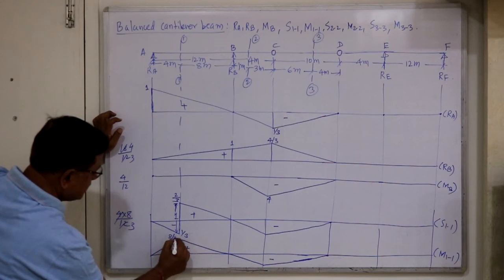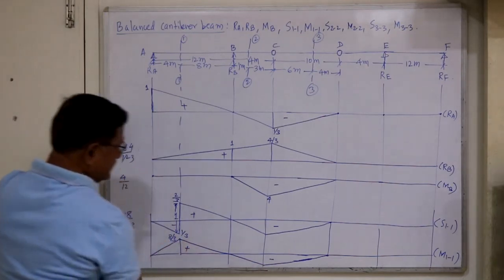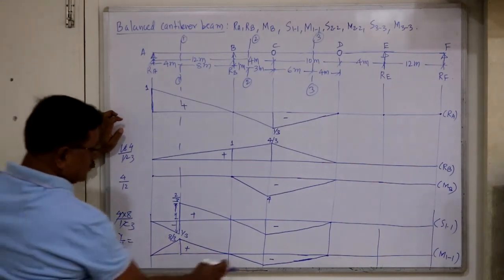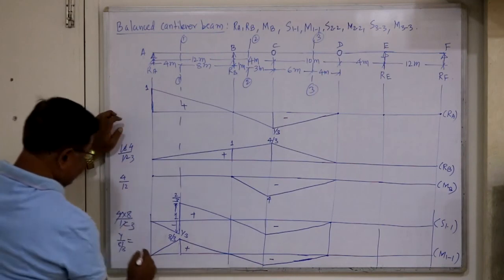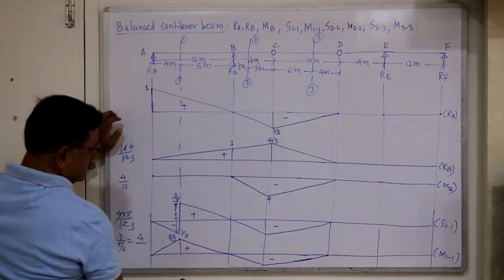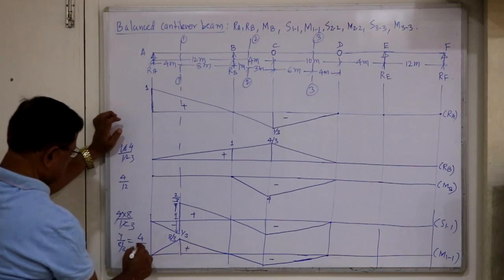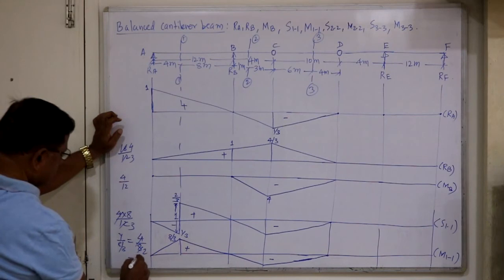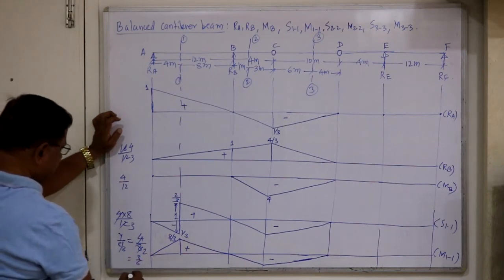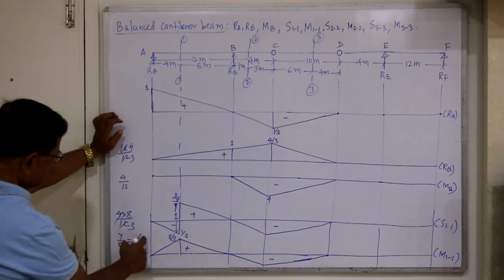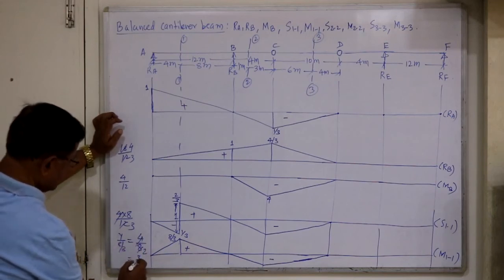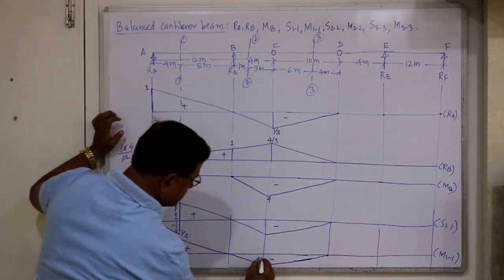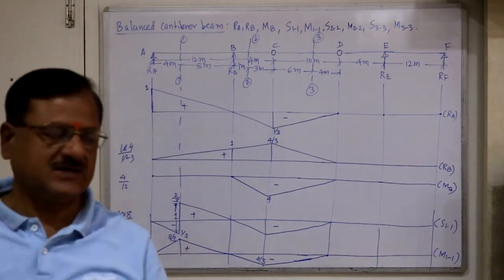This ordinate is 8 by 3. And you find by similar triangle y divided by 8 by 3 equals this height divided by that height. Now this base is 4 divided by, now this base is 8. So y is 8 divided by 6, that means 4 by 3. This ordinate is 4 by 3. By similar triangles you find the ordinates.